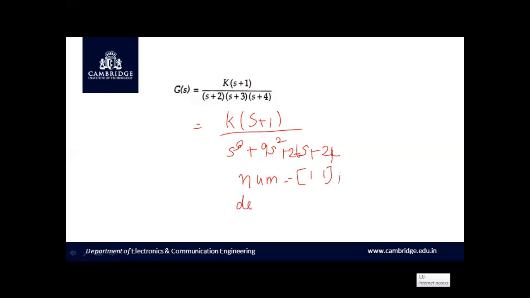Then the denominator polynomial, I can write as s cube coefficient is 1, s square coefficient is 9, s coefficient is 26, and we have a constant 24. And then we use the command rlocus of num comma den. This actually calculates and plots the root locus, and it returns the closed loop poles trajectories.